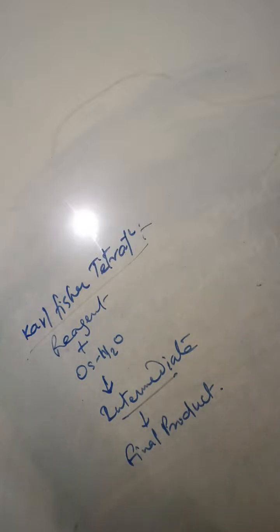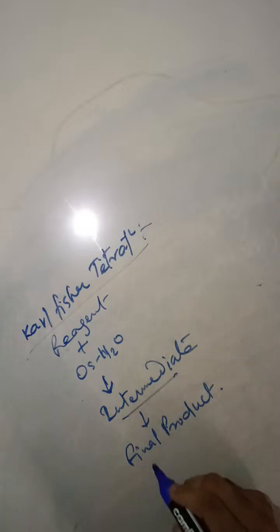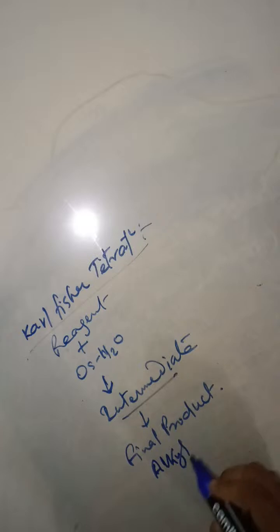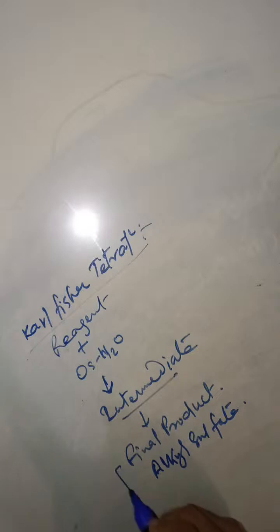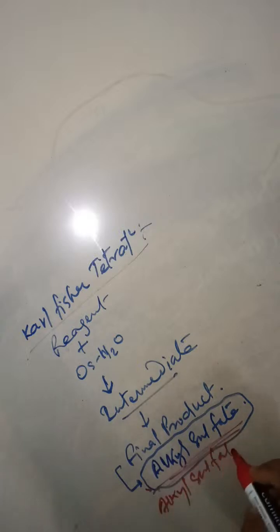This final product will be alkyl sulfate. So what is the final product that's formed in the Karl Fischer titration? It is alkyl sulfate. That is more important. Alkyl sulfate is the final product which is found in Karl Fischer titration.